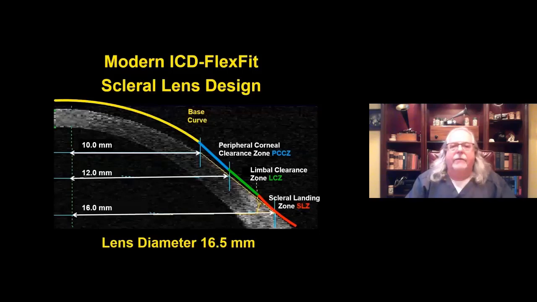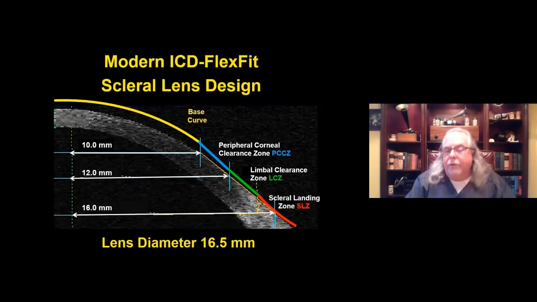And that was the evolution of the modern ICD FlexFit lens. This is a lens that incorporated a series of angles or tangents in the periphery to create the desired clearances we need in the contact lens.